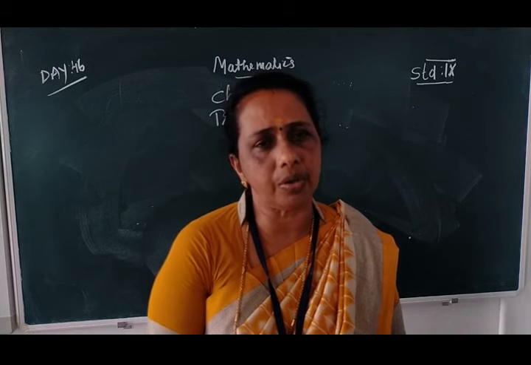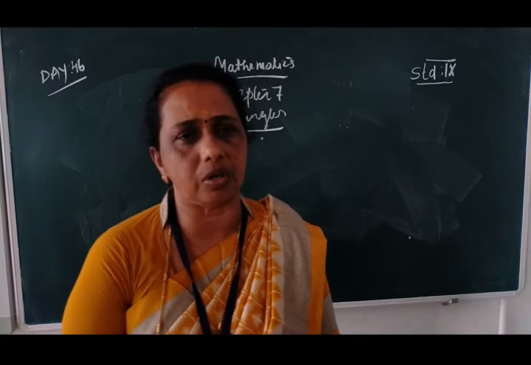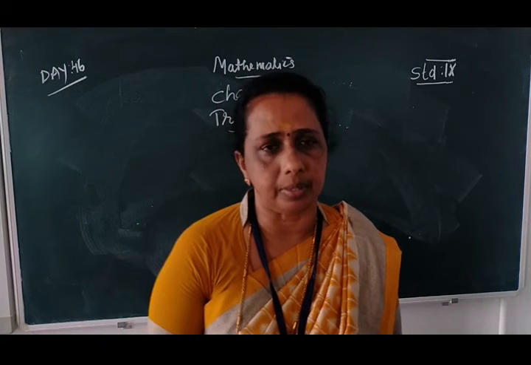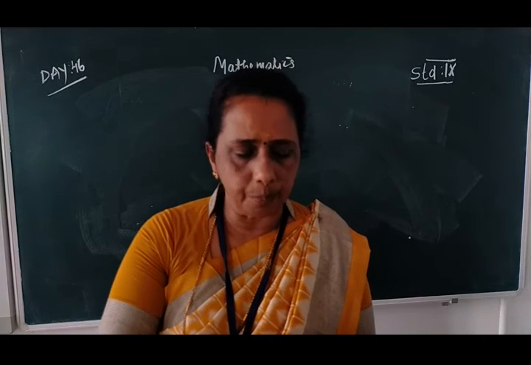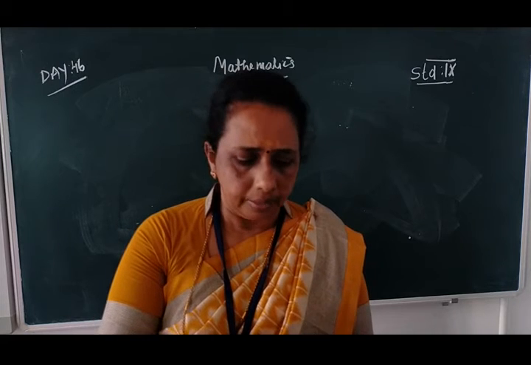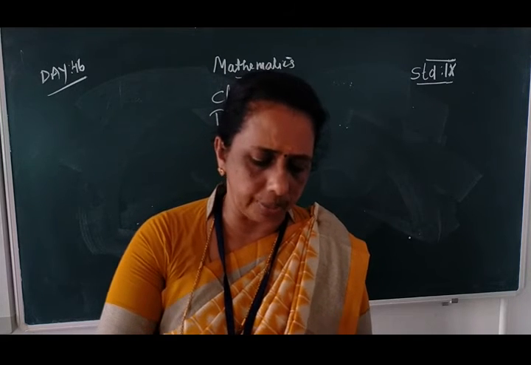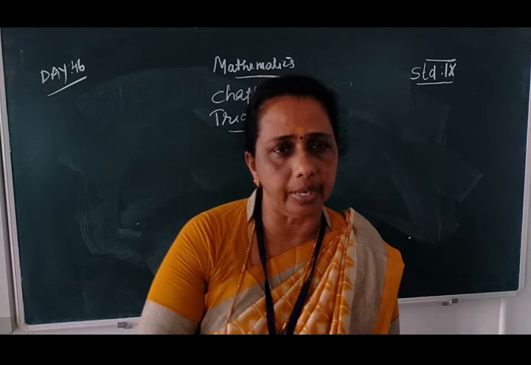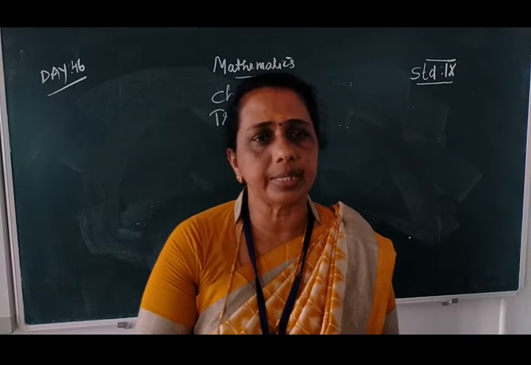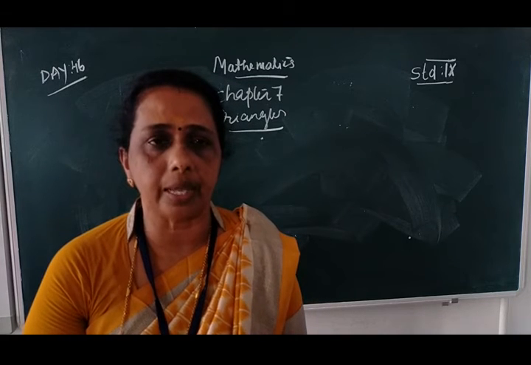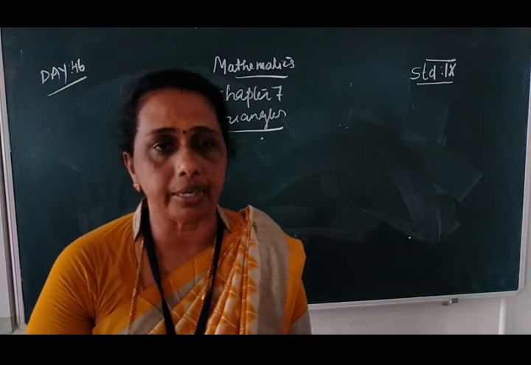What is congruent? The meaning of the word congruent is that they are equal in all respects. That means if two 1-rupee coins are minted in the same year, and one coin is placed over the other coin, then one coin covers the other coin. That is, they have the same shape and size. That type of figures are called congruent figures.